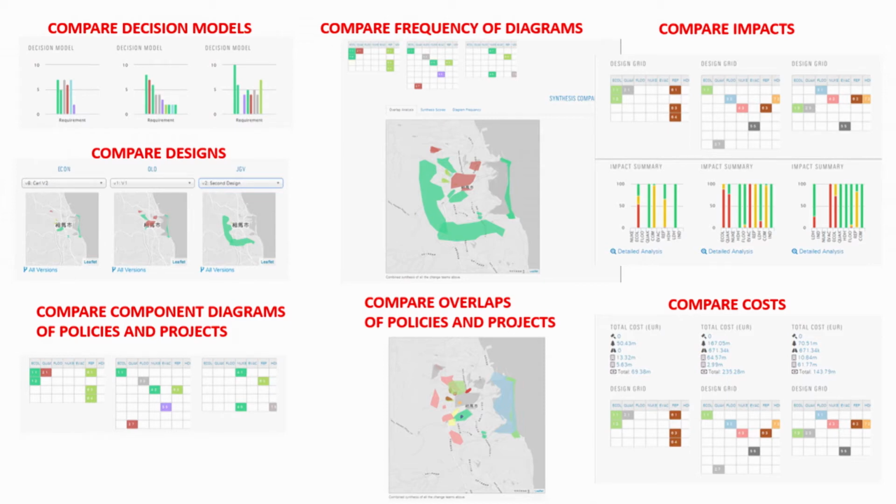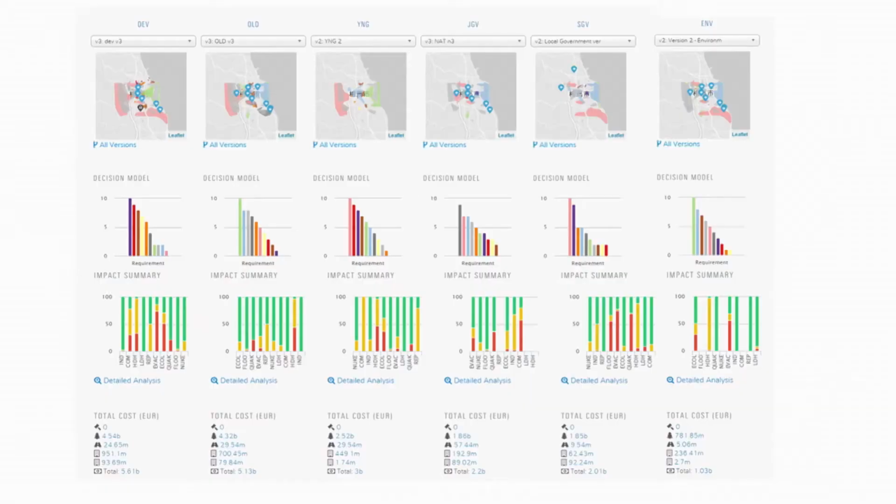We can make the frequency of diagrams. In other words, if 3 or 4 teams agree that it's a good diagram, maybe it's a sensible thing to do. We can overlap them all and look for compatibilities and conflicts. We can compare the impacts. We can index the impacts if you believe in indices. And we can tell you roughly what it costs given 25%. So that's the 6 designs.